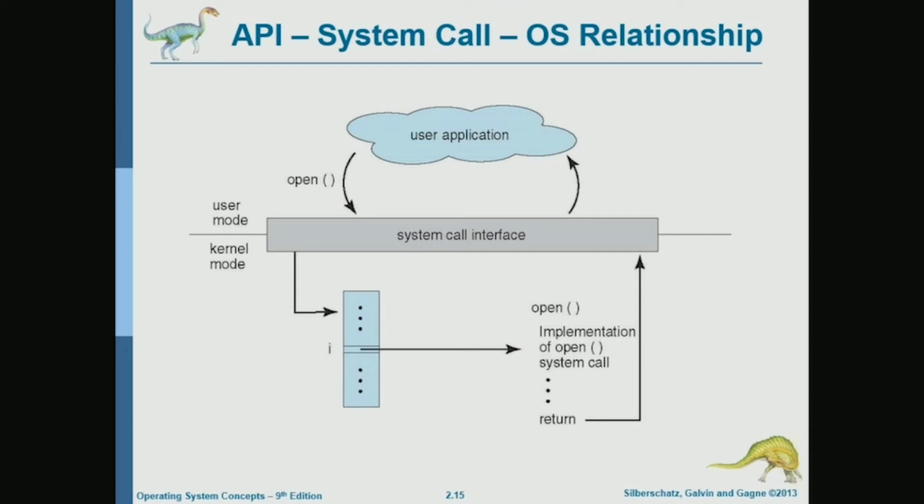So usually the implementation is a table indexed by the system call number. And for each system call number, there is an entry with the address of the corresponding function within the system that implements that. So all of these are in kernel mode. So system calls are implemented in kernel mode, but the call, which is the system call or the API, is issued in user mode.